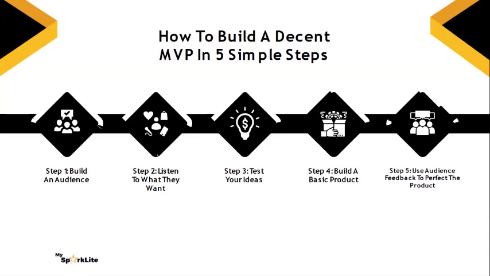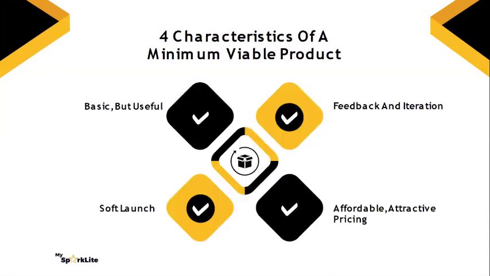You're just doing a selected focus group that you put together to see how they perceive your product and if they like it or not. Then you build the basic product, and use the feedback you've gotten from the audience to refine the product even further.